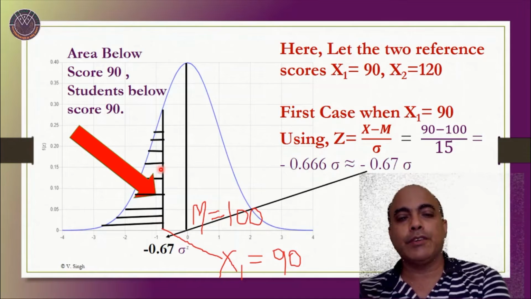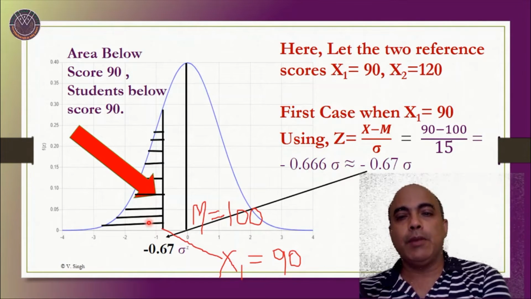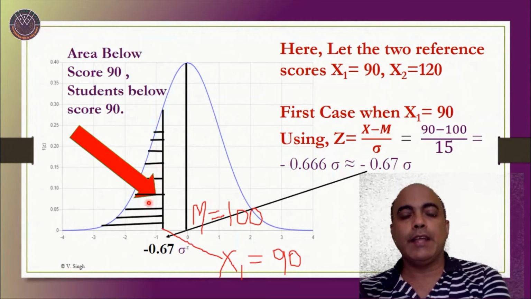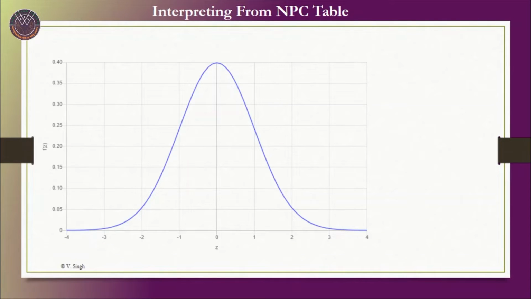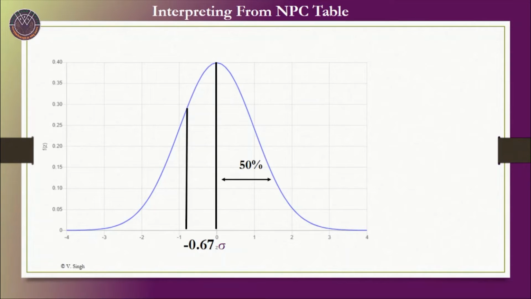So this particular number of students, if we find out, we will get our answer. For the first part, for the IQ level 90, the number of students lying here. So let us interpret it from the NPC table. We have got this NPC table and we know that the mean lies at the center and 50% of the cases lies in the right hand side. Also, if you follow the NPC table as we have already discussed in the earlier part of the video, we can see that 24.86% of cases lies in between mean and 0.67 sigma.